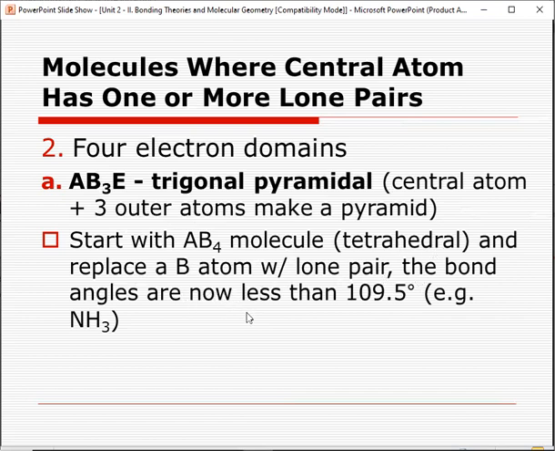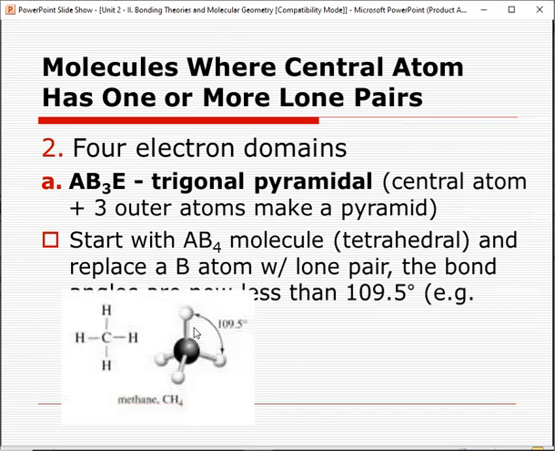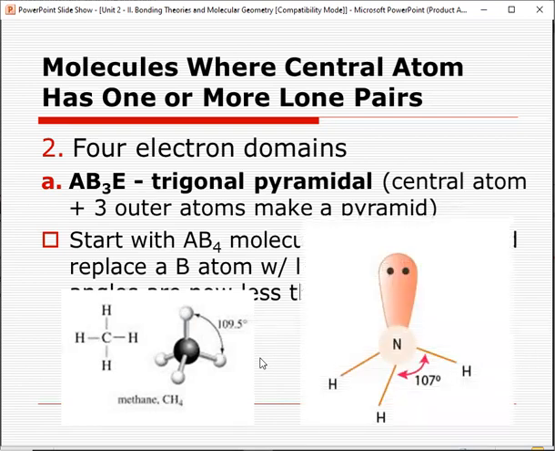The bond angles are now less than 109.5 degrees. Example is NH3. So, mao ni di ba atong example ganiha sa tetrahedral, which is CH4, na siya angle nga 109.5 degrees. But pag abot sa trigonal pyramidal, molestan siya sa 109.5 because of the presence of one lone pair.